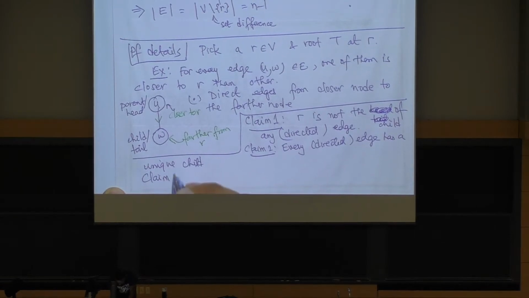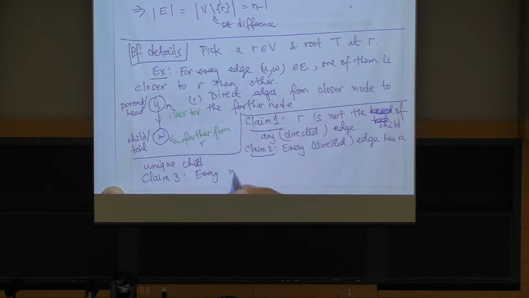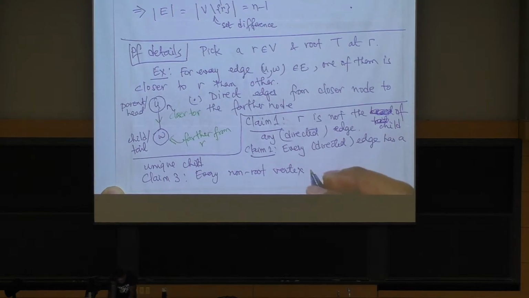The third claim is that every non-root vertex is the child of at most one edge.